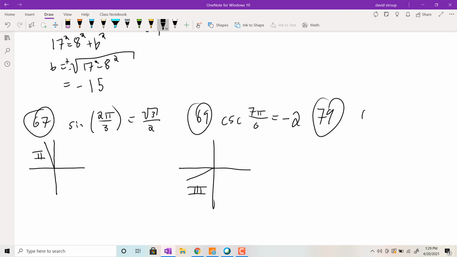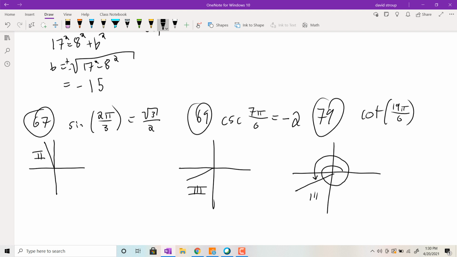Let's look at one more. Cotan of 19 pi over 6. So 12 pi over 6 is 2 pi, that's right here. And then 18 pi over 6 is 3 pi, that's right here. And then we need to go one more to 19 pi over 6.